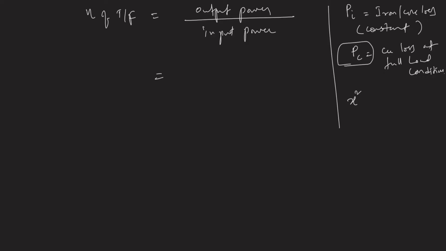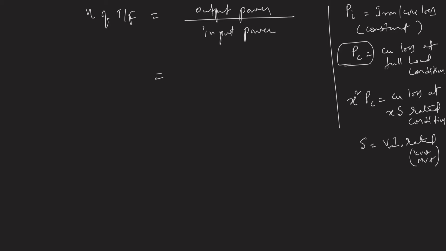So I can say X square times PC will be the copper loss at X percentage of the rated condition. What is S? S is the volt ampere rating, V rated, I rated, the actual rating of the transformer either in kVA or in MVA, right?